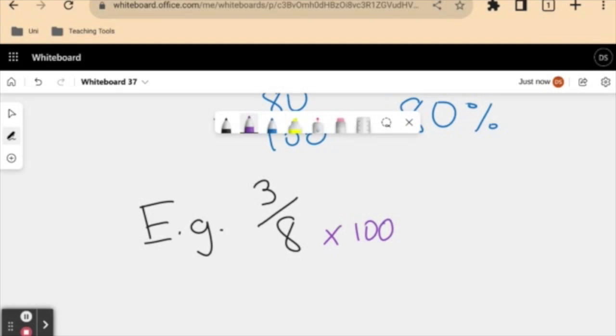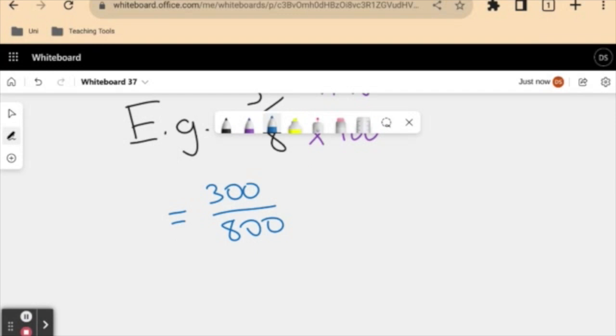And from there, we can bring that back to 100 in hopefully not too much of a painstaking way. So we're going to do this to both numerator and denominator. And we'll end up with 300 on top of 800.